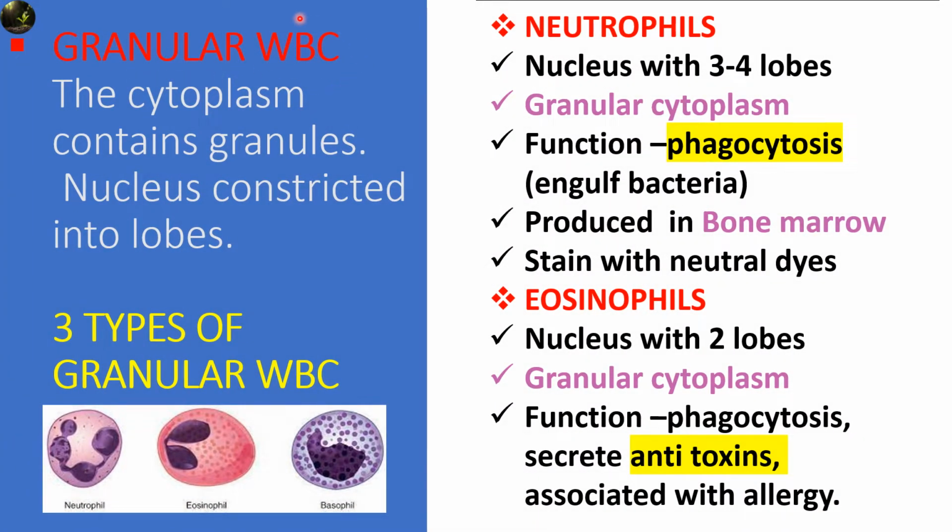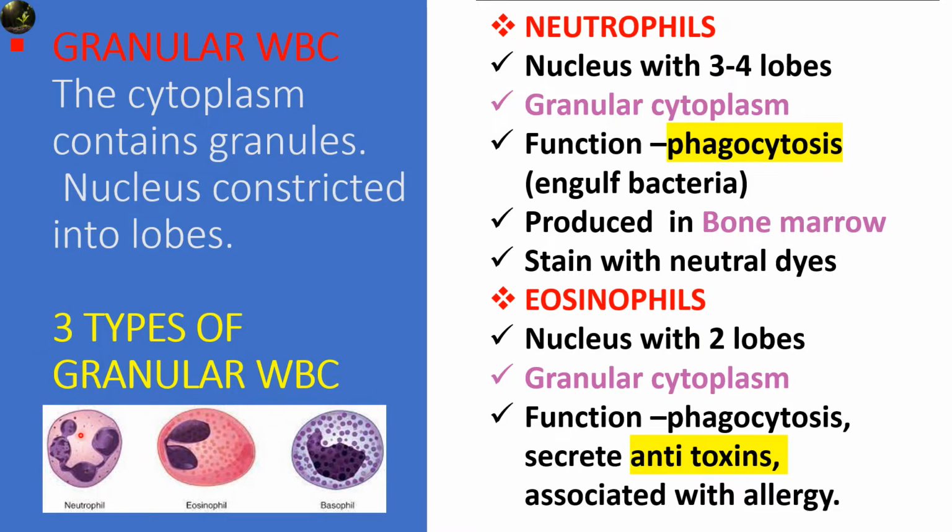First, we can discuss granular WBC. The cytoplasm contains granules. The nucleus is constricted into lobes. Here you can see the cytoplasm of granular WBC has granules. That's why the name is granular WBC.